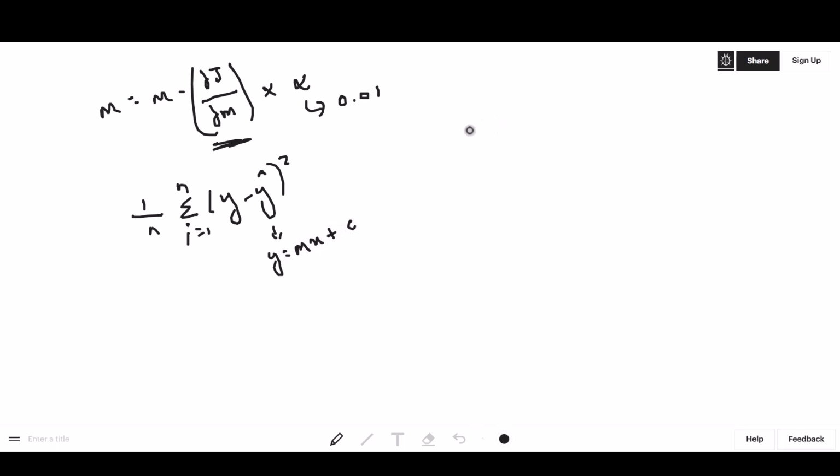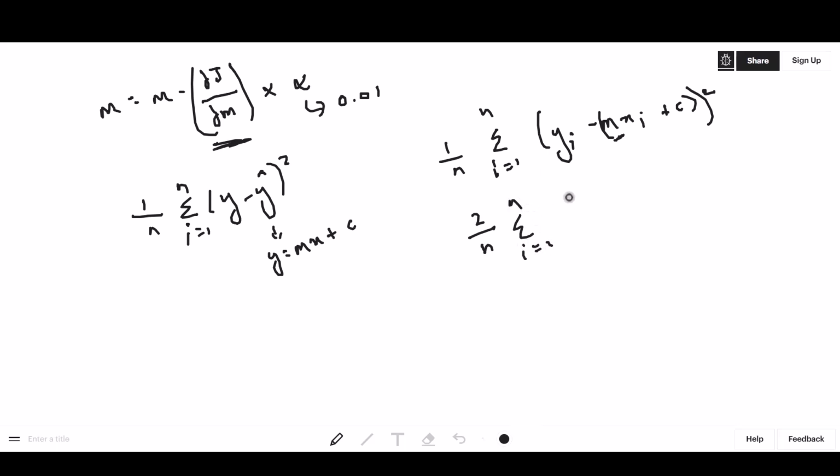So for the ith record, the equation will become 1 by n sigma i equal to 1 to n of (yi minus (mxi plus c)) the whole square. Now we are going to differentiate this equation with respect to m. So in the next step the equation will be 2 by n into sigma i equal to 1 to n of (yi minus (mxi plus c)) into minus xi.